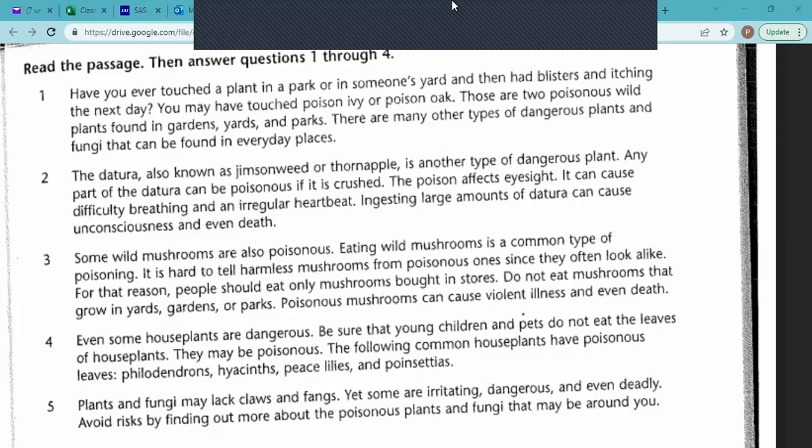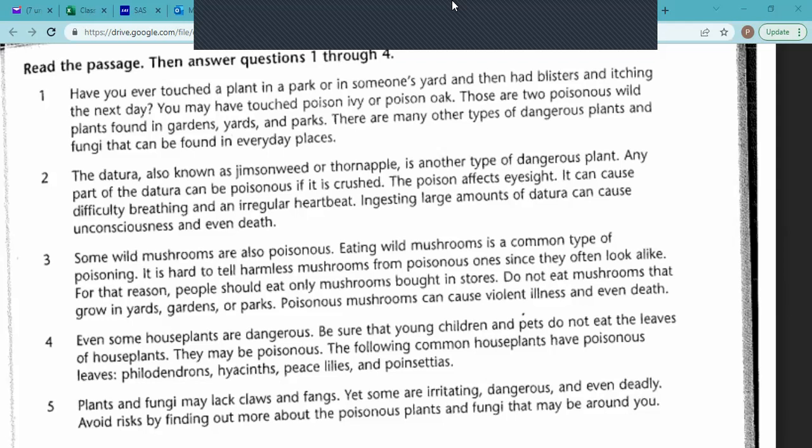Plants and fungi may lack claws and fangs, yet some are irritating, dangerous, and even deadly. Avoid risk by finding out more about poisonous plants and fungi that may be around you. All right, so if you need to pause again and reread it, that's fine.